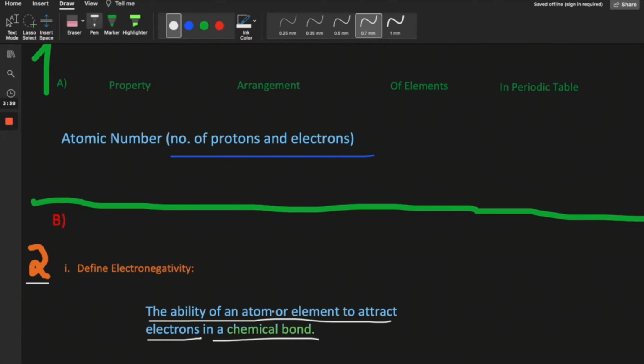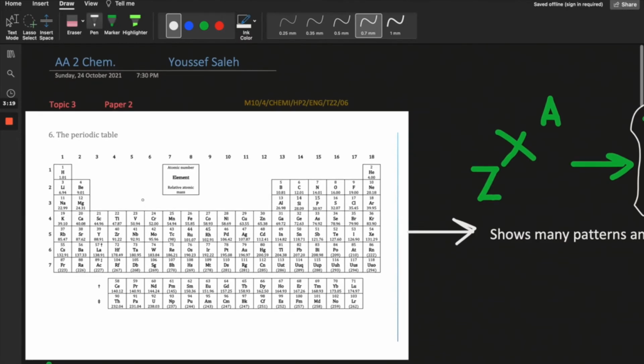Increasing the effective nuclear charge means that the attraction between an atom's nucleus and its valence electrons increases. As a result, the elements will want to gain more electrons, or they have a higher or larger ability to attract more electrons. So, elements on the right side of the periodic table have a higher ability of attracting electrons. They have a higher electronegativity.